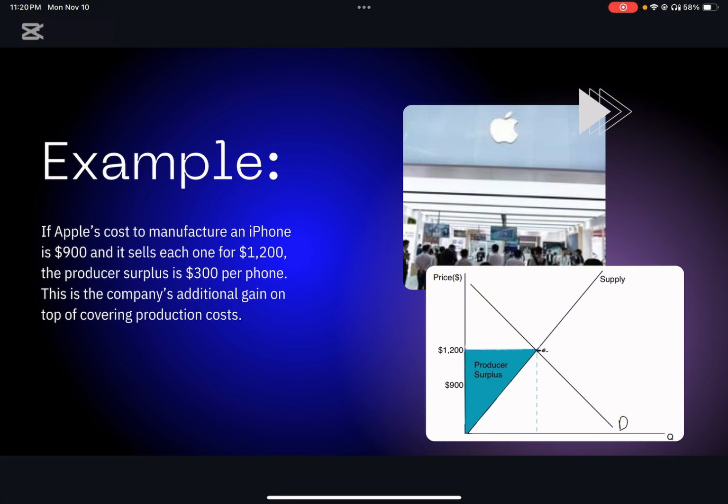On this graph, you will see the supply curve starting at $900 and the price line at $1,200, and the shaded area between them represents producer surplus. This shows how businesses benefit when they can sell at a price above the cost. It's the reward for production and efficiency.